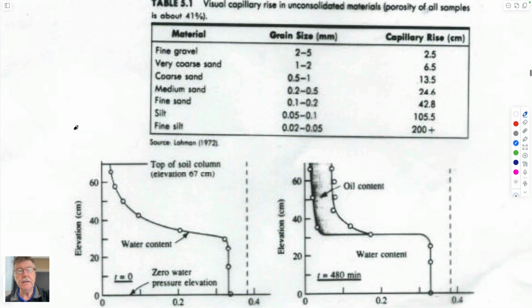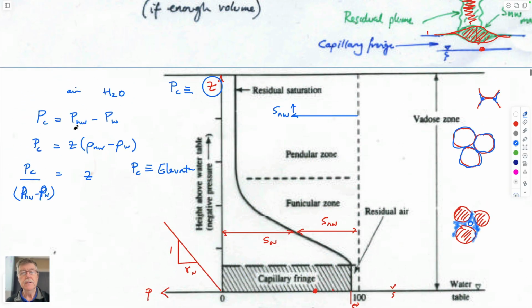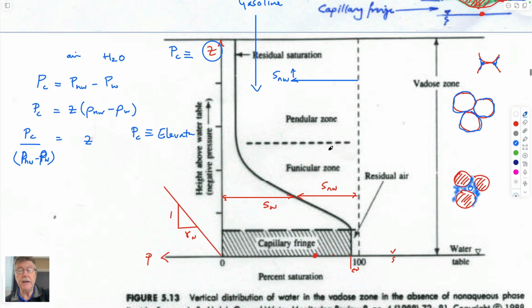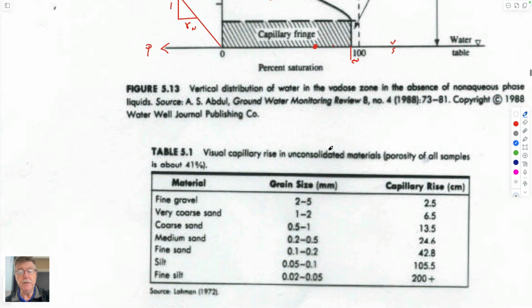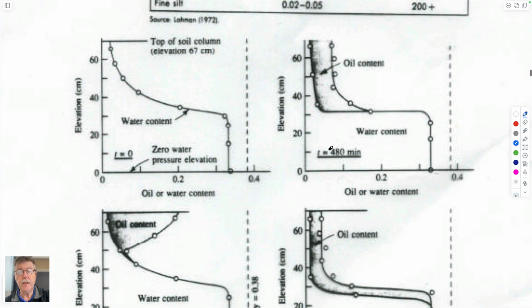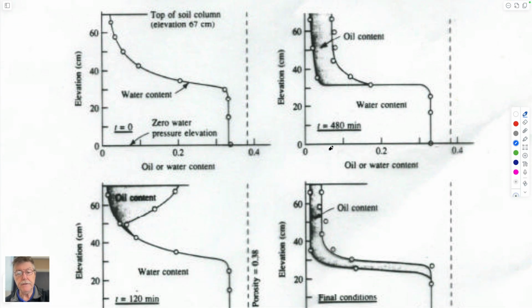So what happens then in the vadose zone if you spill something like, I suppose, gasoline from the surface? Physically, what would happen? What do you expect based on what we understand about the mechanics of this? So this is also taken out of Fetter's book.